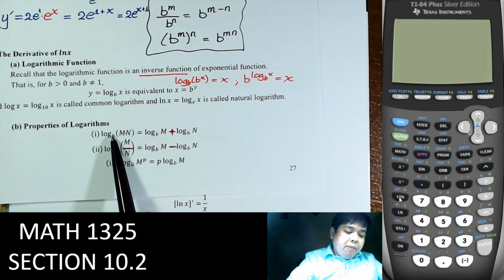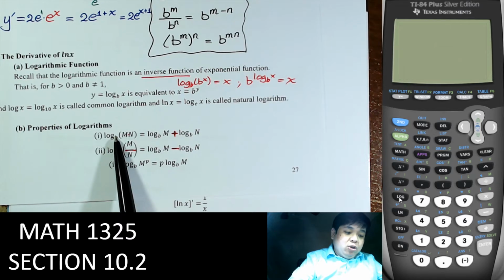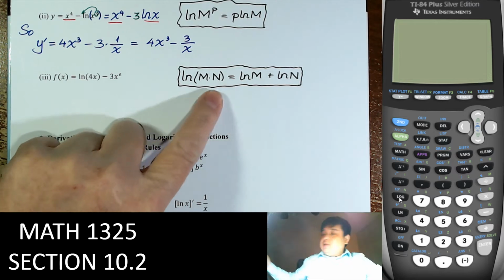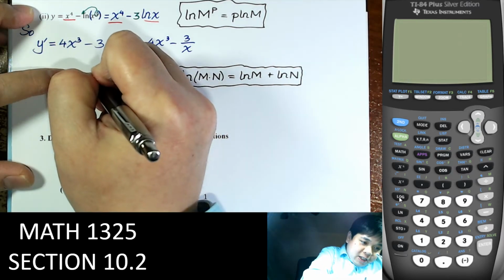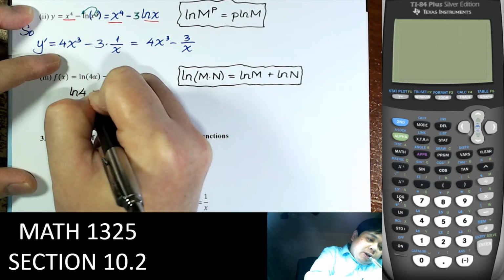So this works for any base, and we just choose base e, and log base e is ln, natural log. Right, so we use that and we split it into ln of 4 plus ln of x.